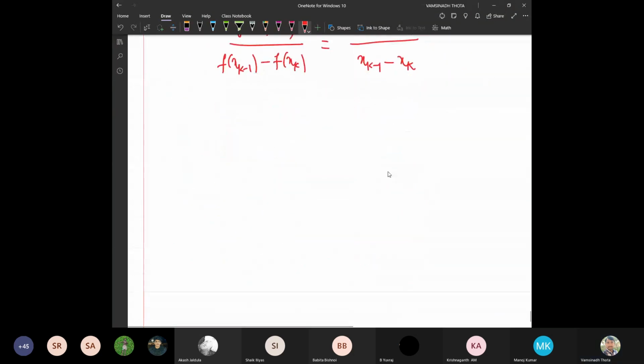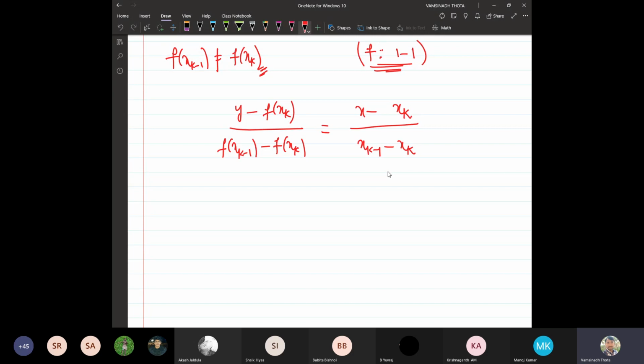Now, how to find the next iteration point? This equation should intersect with the x-axis. Intersecting with the x-axis means what? On the x-axis, the y value will become 0. That is, y has to be 0. We need to find out the next iteration point, right?